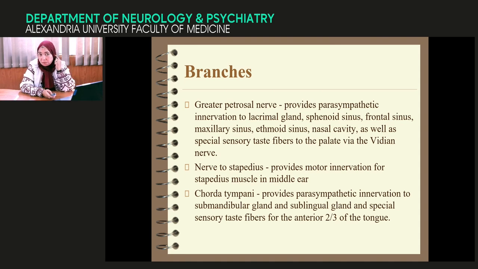Nerve to stapedius is a motor innervation for the stapedius muscle in the middle ear, and it also gives the secretory branch or tasting branch, chorda tympani, which supplies the taste of the anterior two thirds of the tongue. The facial gives the anterior two thirds of the tongue by chorda tympani, and the posterior taste of the tongue by the glossopharyngeal nerve, the ninth nerve.